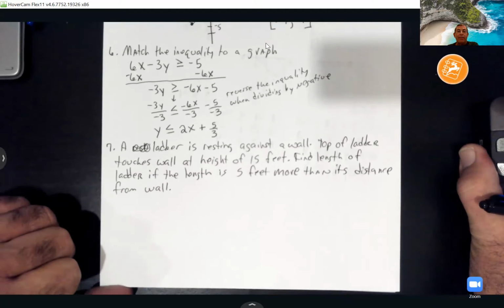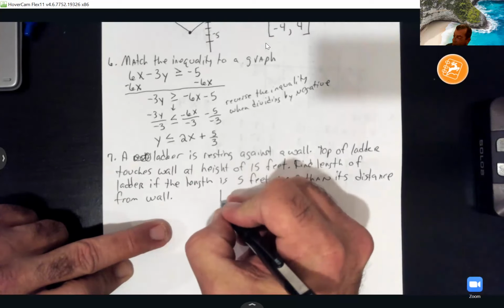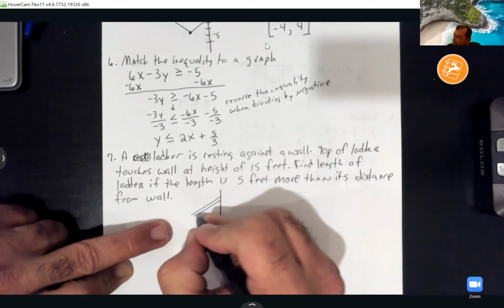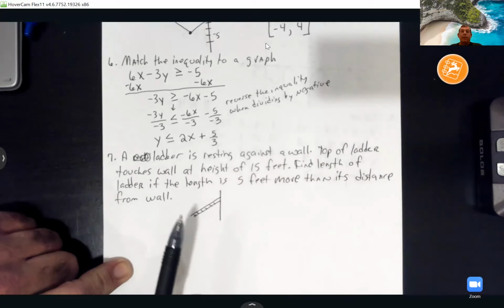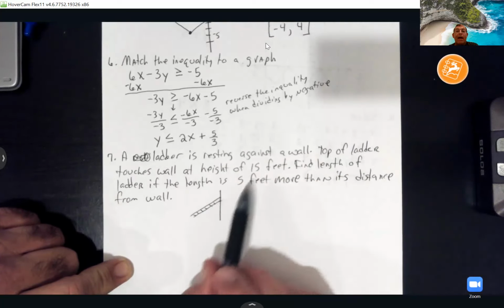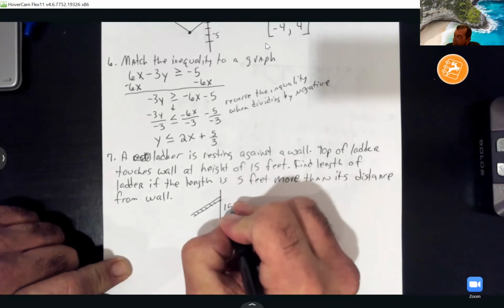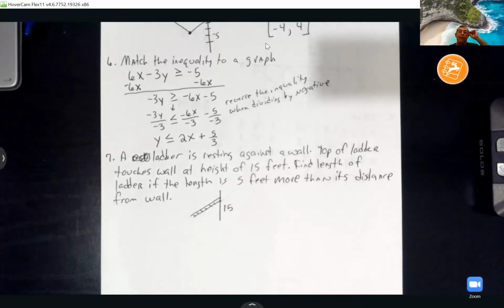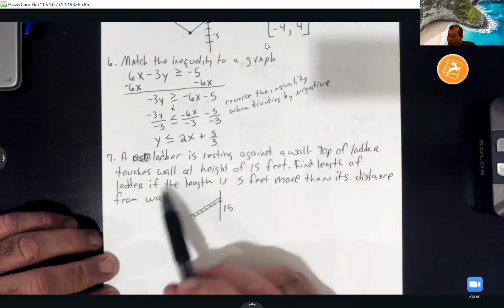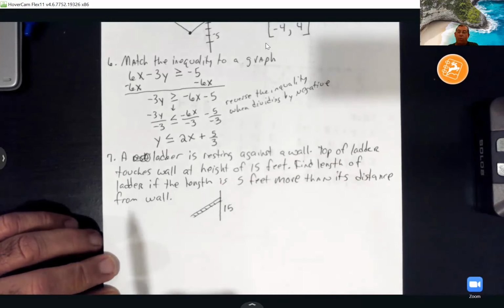Okay, y'all. So the best thing on this, I'm going to start out with my picture first. So I got my wall here, and we got this ladder leaning up on it. The first thing they told me is that this ladder's touching the wall right here at a height of 15 feet. So that means this height right here is 15 feet. Then they're saying, hey, find the length of this ladder if the length of this ladder is 5 feet more than its distance from the wall.